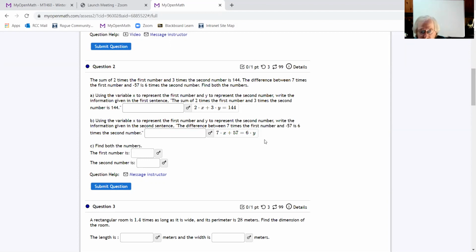Move the 57, move the 6Y, then we'd have 2 equations that you could use the elimination method for, all right? Just pointing out the weirdness about that second equation and how you might decide to deal with it, right? Put it in the X plus Y kind of shape equals the negative 57 in that case, right?